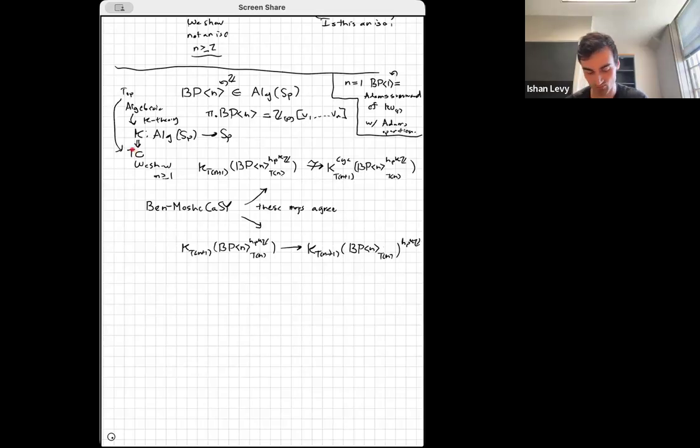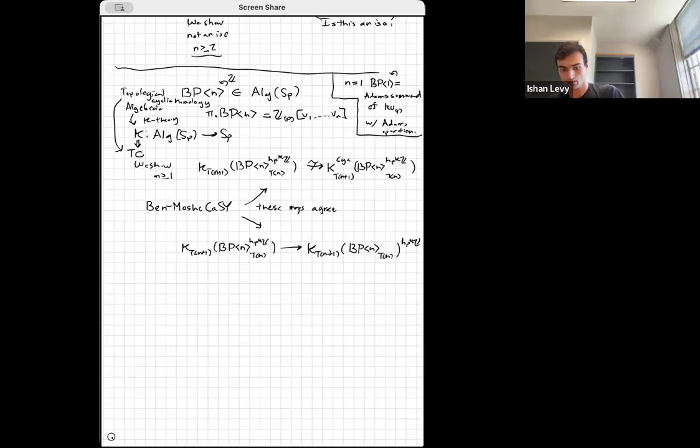And the point is just that topological cyclic homology is much more tractable to compute and to work with sometimes. It's topological cyclic homology. Again, for the purposes of this talk, it's not really important that you know what this is.